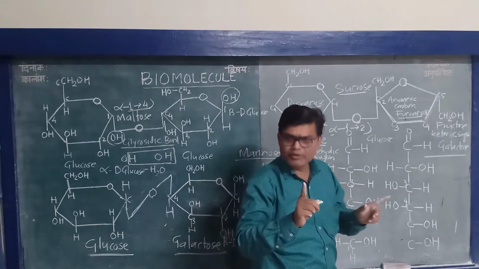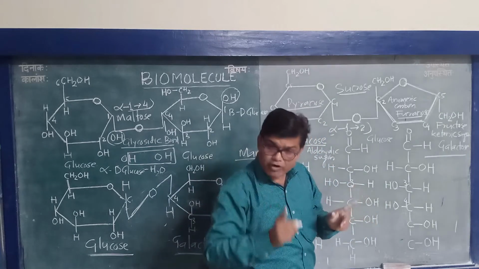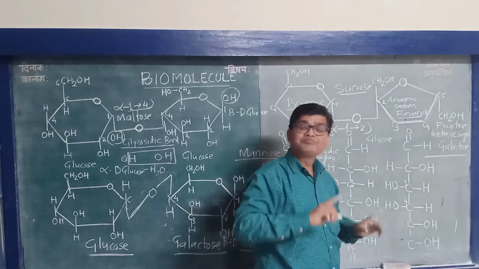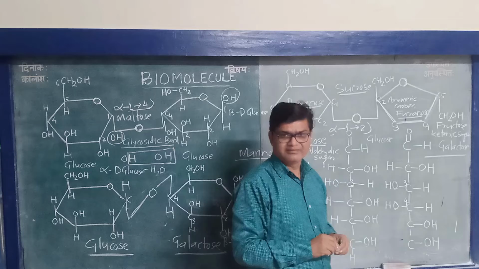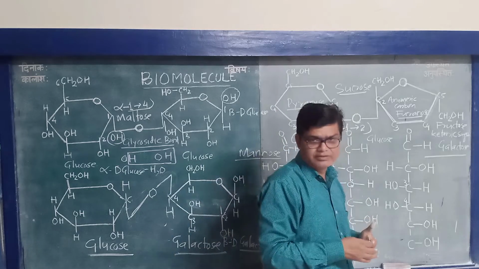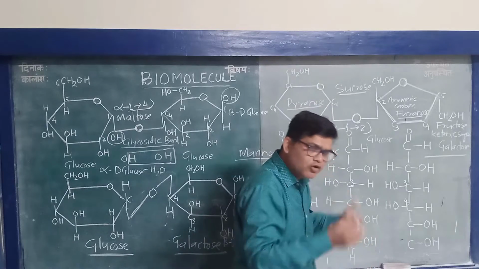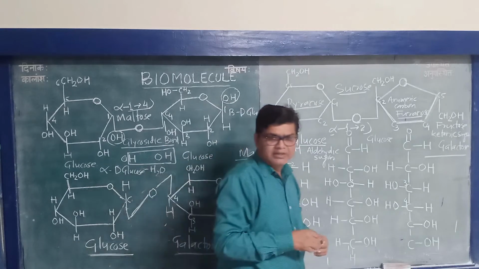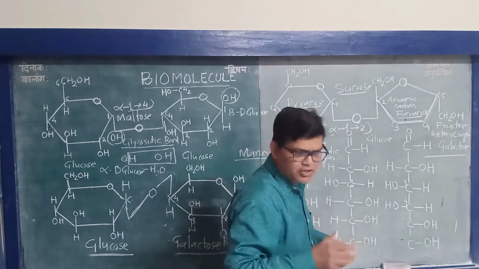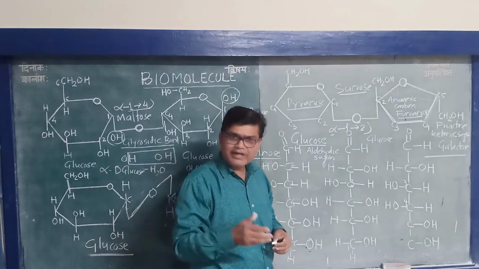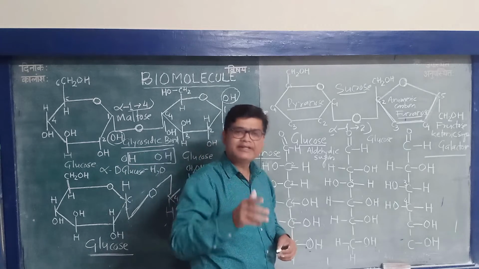The hydroxy group present at the anomeric carbon is responsible for chemical reactions. Then we can say it is a reducing sugar because this hydroxy group reacts with copper sulfate, a salt of copper, that is in Fehling's and Benedict's solutions, and initially it will give yellow color and further red color.